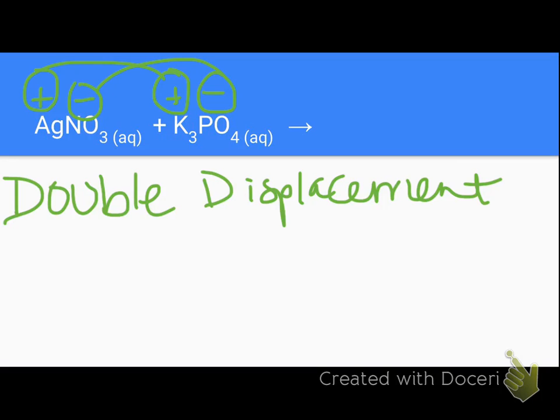All right, so my silver is now going to pair up with my phosphate to give me Ag3PO4, because silver is a +1, PO4, plus the potassium now goes with my nitrate, KNO3.